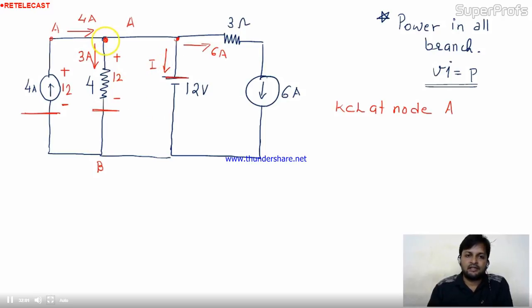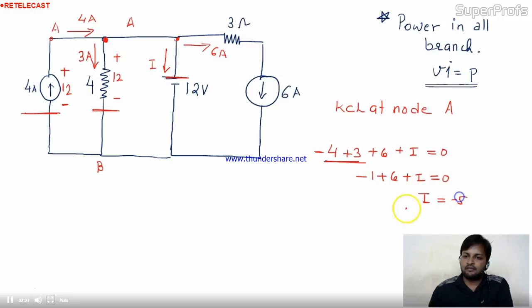So apply the KCL here. Incoming current negative: minus 4. This one, plus 3 outgoing. Plus 6 outgoing. Plus I equal to 0. So minus 4 plus 3 plus 6 plus I equal to 0, so I equal to minus 5.